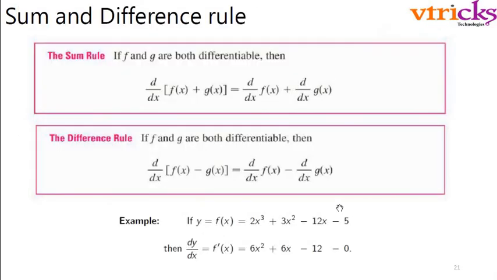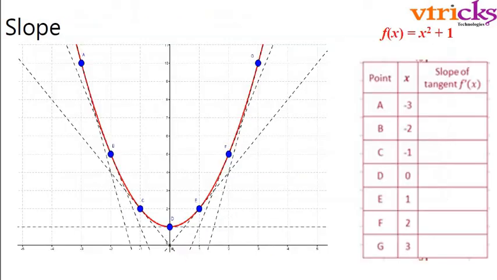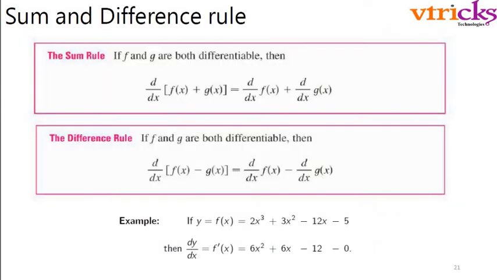Now let us move to the next concept, the sum and difference rule. Now what does the sum rule say? If you have two differentiable functions, f(x) and g(x), just as in the previous slide, we had two functions, x squared plus 1, where 1 was a constant. So when we have to differentiate the sum of two functions, f(x) plus g(x), the derivative is we take the differentiation of the individual functions and add it.